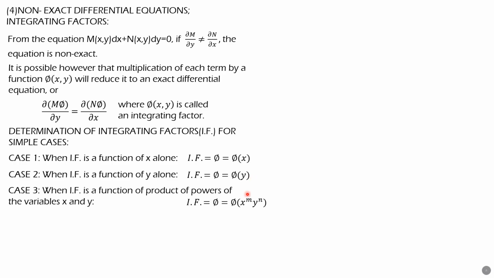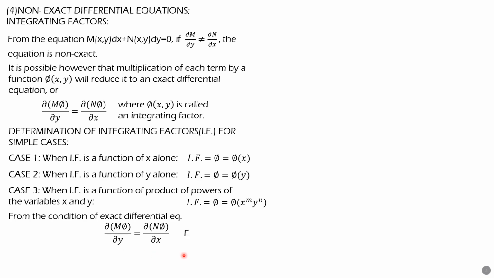So from the condition of an exact differential equation, after multiplying by P, the differential equation becomes exact, that is, the partial derivative of the quantity M times P with respect to y should be equal to the partial derivative with respect to x of N times P. So after introducing this integrating factor, the differential equation becomes exact.